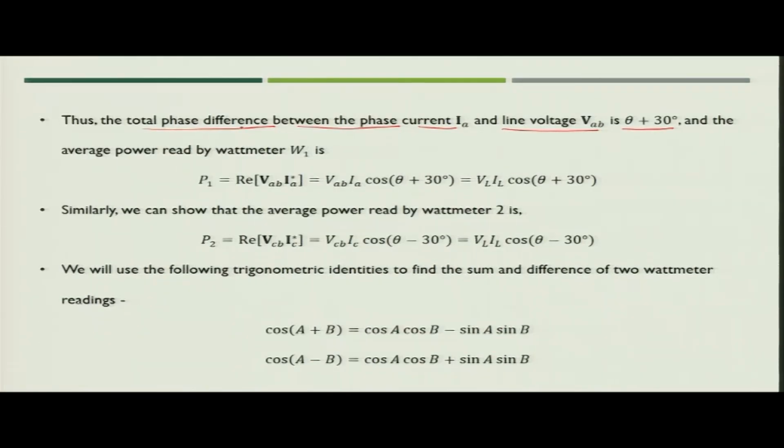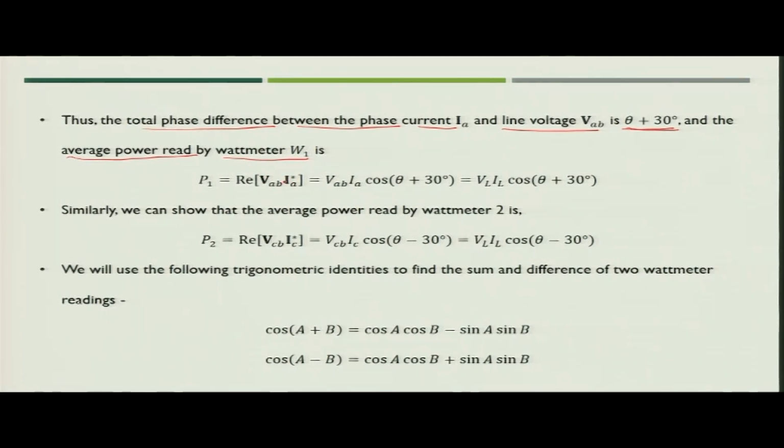So, the total phase difference you are now getting between phase current, or you can also say line current, and line voltage VAB is equal to theta plus 30 degree. So, in that case the average power which wattmeter W1 will read is the real part of VAB into IA conjugate.